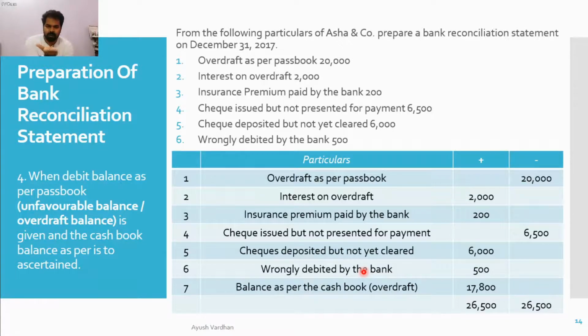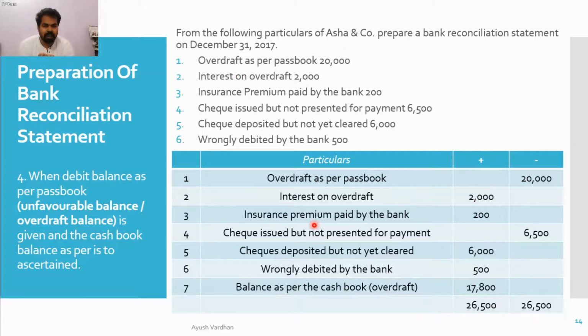We don't know in the cash book that interest has been charged, so passbook goes more negative. Our target is the cash book. Why cash book? Because we have started with the passbook. The target is the cash book, and the cash book is at 0, so we have made a positive entry of 2,000.